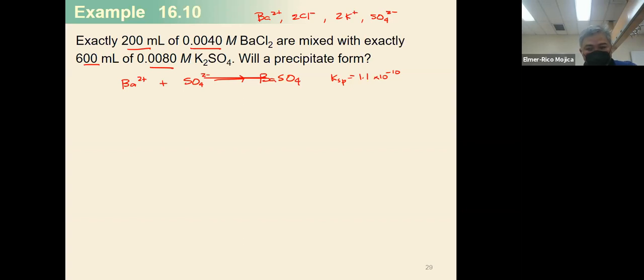So now that we know the KSP, what do we need to do? We need to get the concentration of the ions, because if you look at the dissociation here, it's really like this.